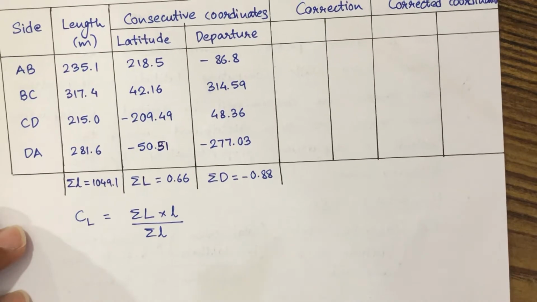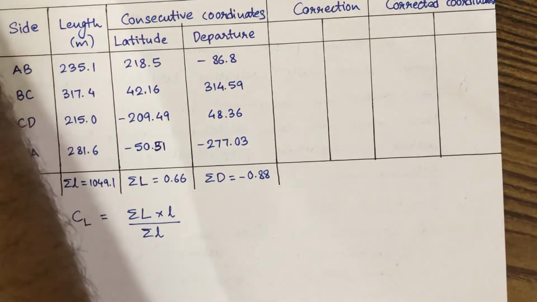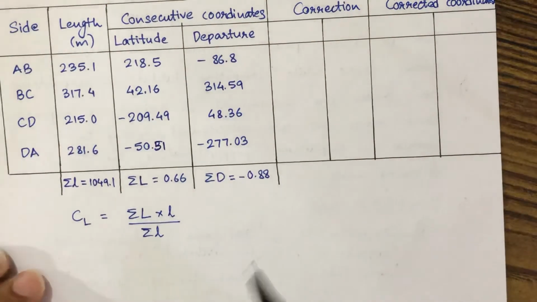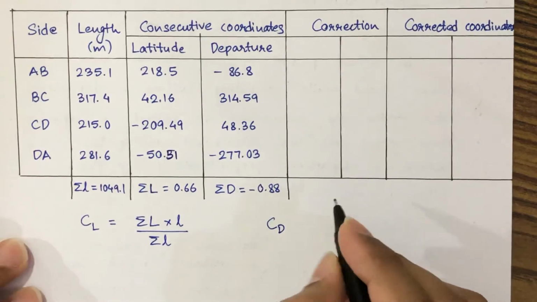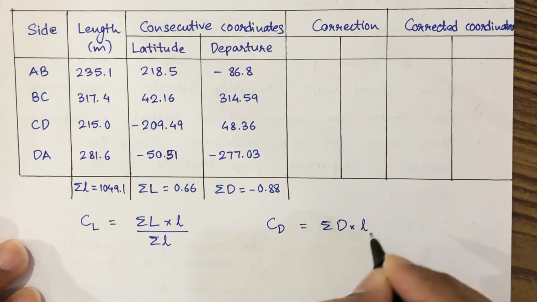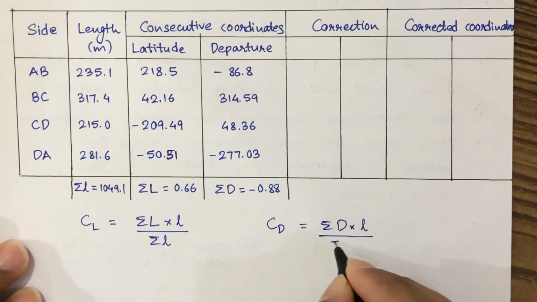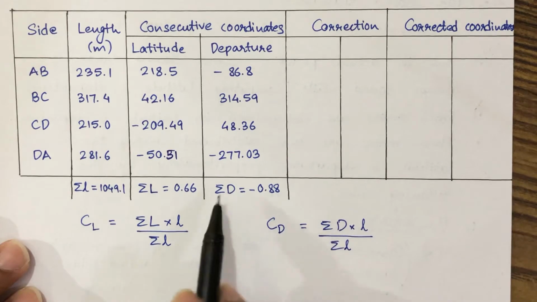Also, the correction to departure is given by CD is equal to summation of departure into length of that side upon perimeter of traverse. Now, the total error in departure we have already calculated.